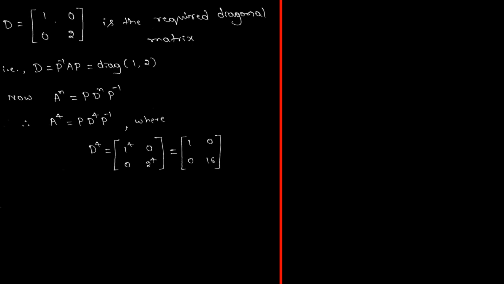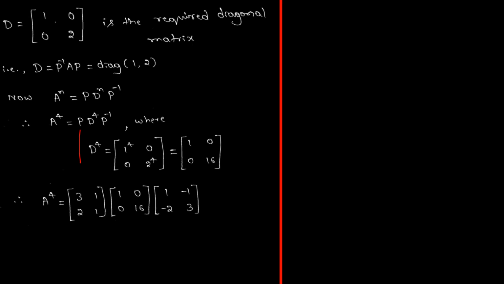For any diagonal matrix, if you raise the power, it applies only to the diagonal entries. No need to multiply this diagonal matrix 4 times. Using this property, you can directly write D to the power 4. It is just 1 to the power 4 and 2 to the power 4. So this is our D to the power 4.